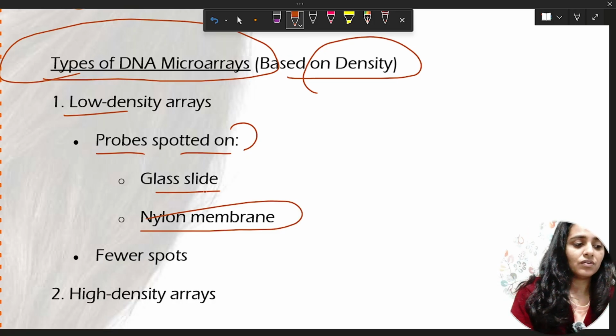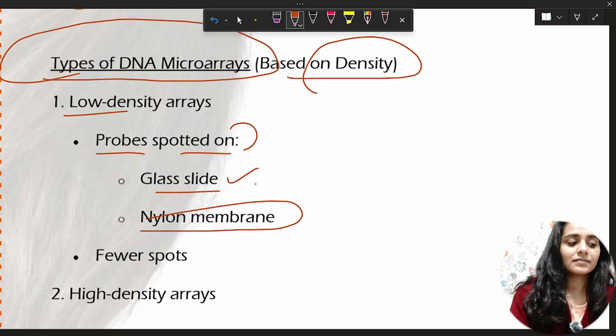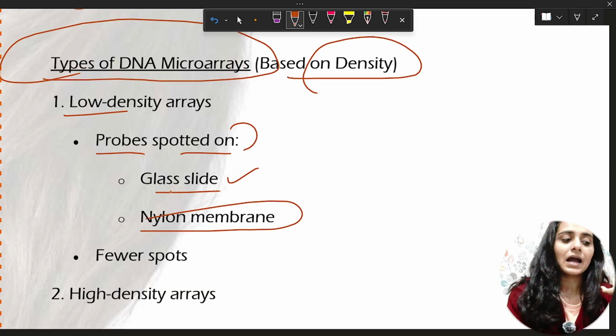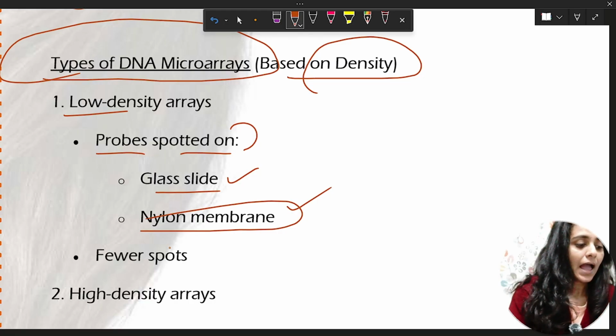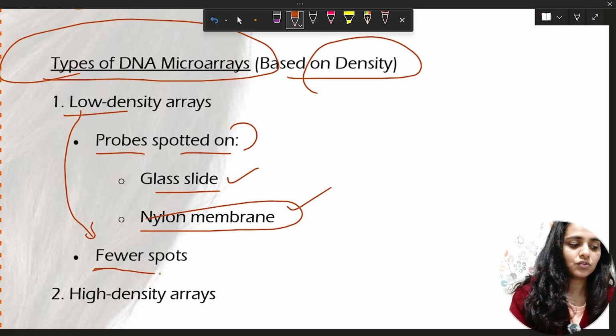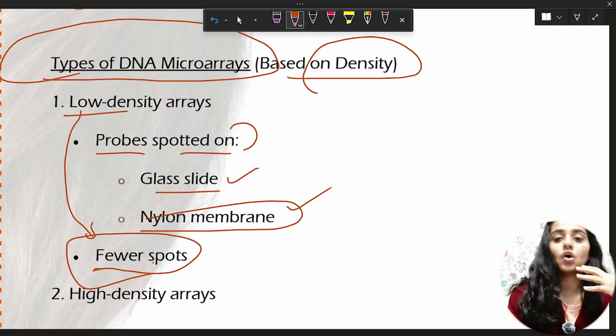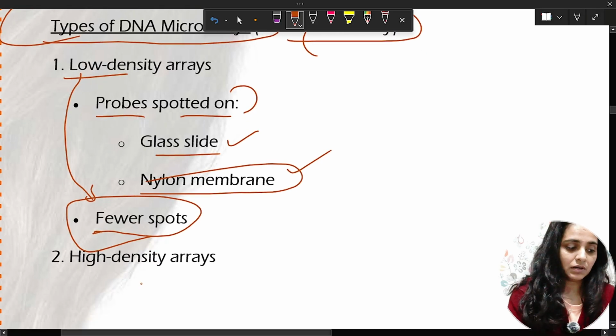Then the solid surface we use will be a glass slide or nylon membrane, not silicon. And there will be lower density, as we are using few spots, not many in number.